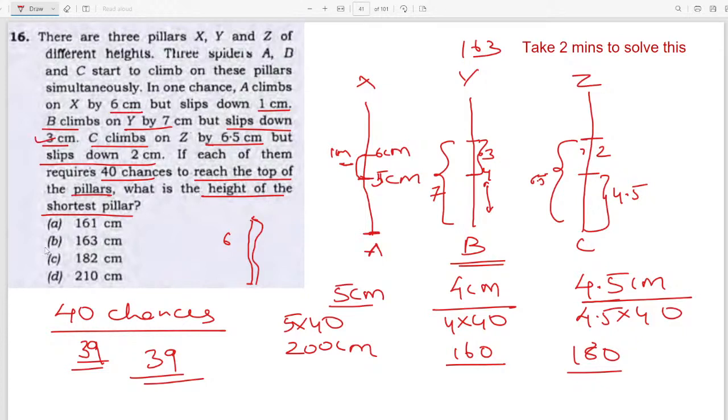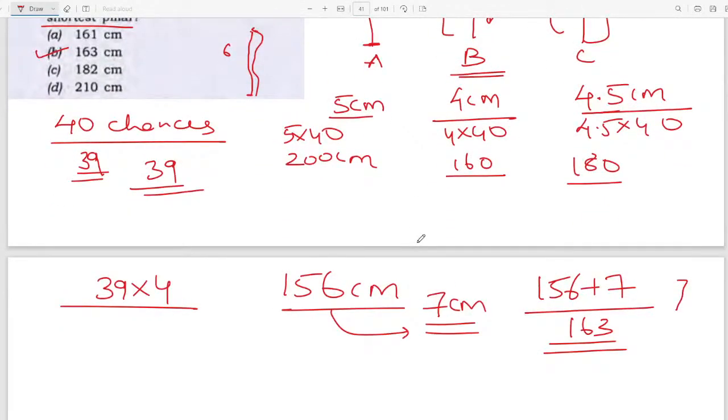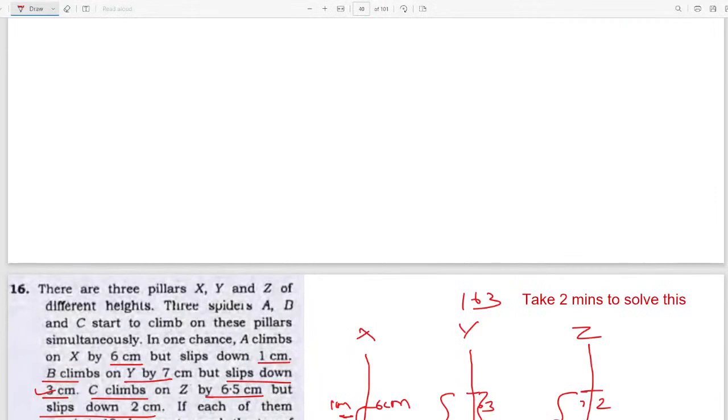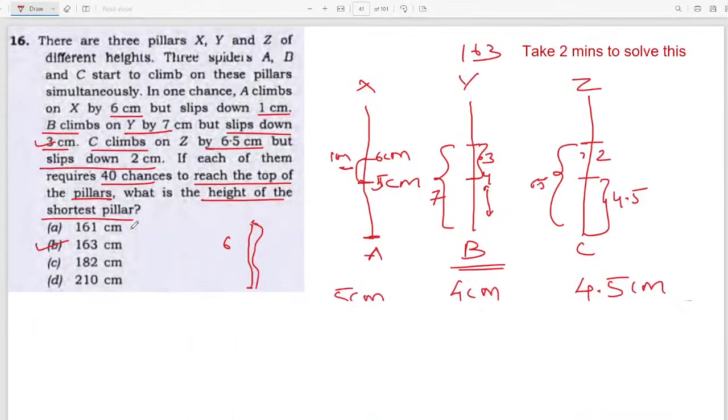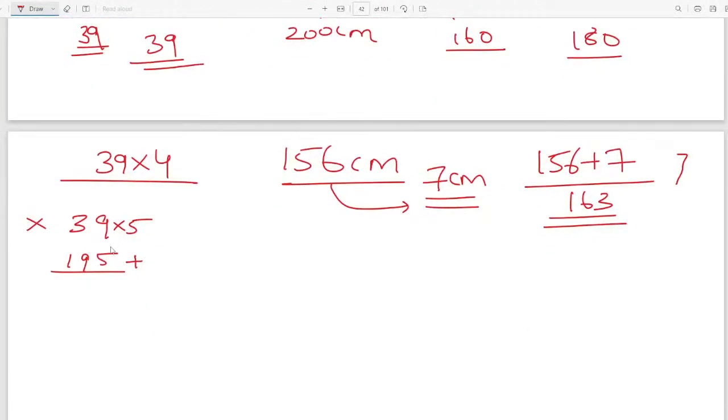The correct answer would be option B, not option A. Because on the 40th attempt, in all these 3 cases, for example, in the first pillar, that is X, 39 into 5, 9 5s are 45, 3 is 15, 195 centimeters will be there. And in the last attempt, X climbs 6 centimeters. So this height would be 195 plus 6, equal to 201 centimeters.